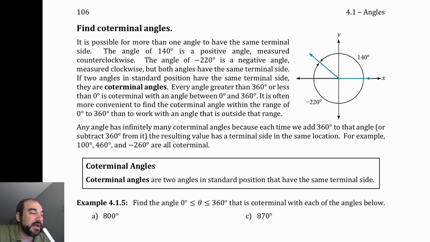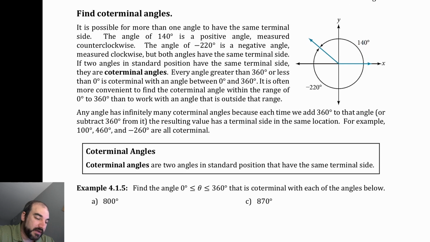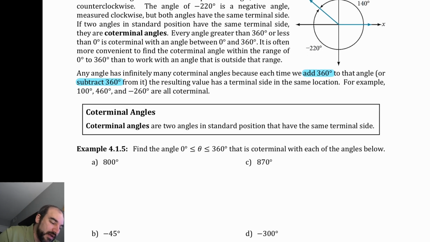The easiest way to find more and more coterminal angles is by adding or subtracting 360 degrees. So add 360 degrees or subtract 360 degrees to find coterminal angles. So if I have an angle like 800 degrees, that's definitely more than one revolution, right? One revolution is 360 degrees.